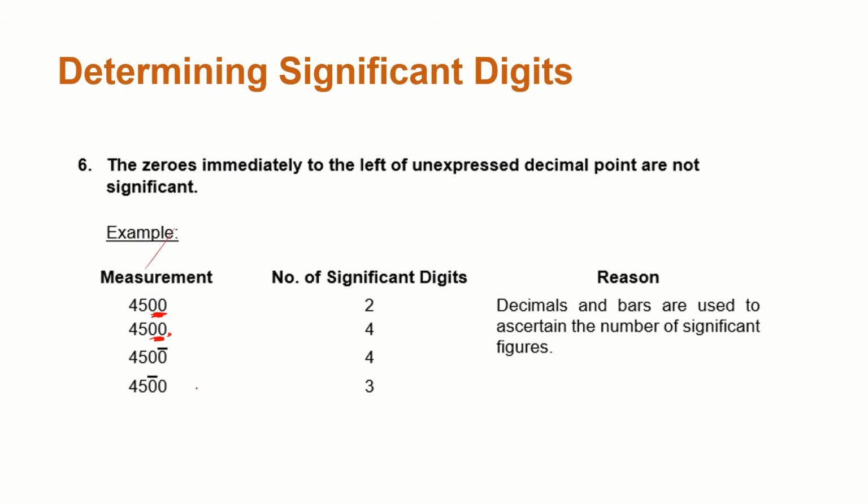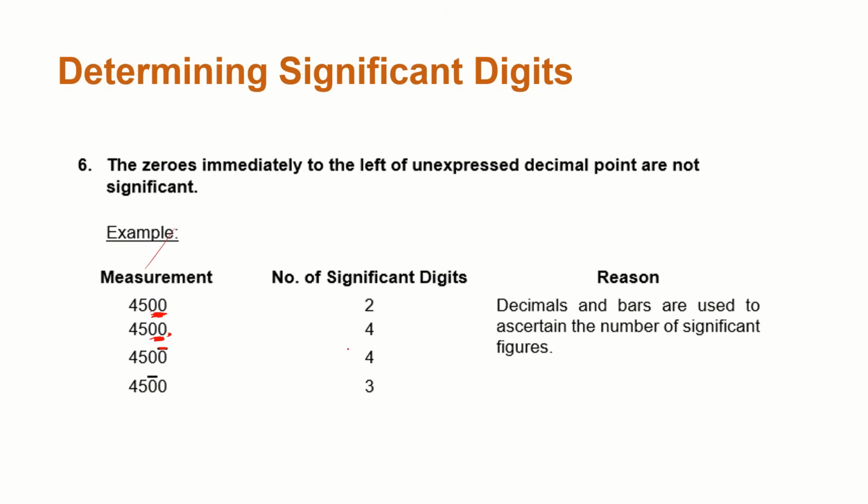Also, kapag naglagay tayo ng bar, ibig sabihin, yung zero kung saan nakasulat yung bar, hanggang dun yung significant digits natin. So, for example, ito, 2 significant digits lang to kasi walang decimal point dito. Ito, 4 significant digits kasi meron tayong decimal place na nilagay dito after nung 0.